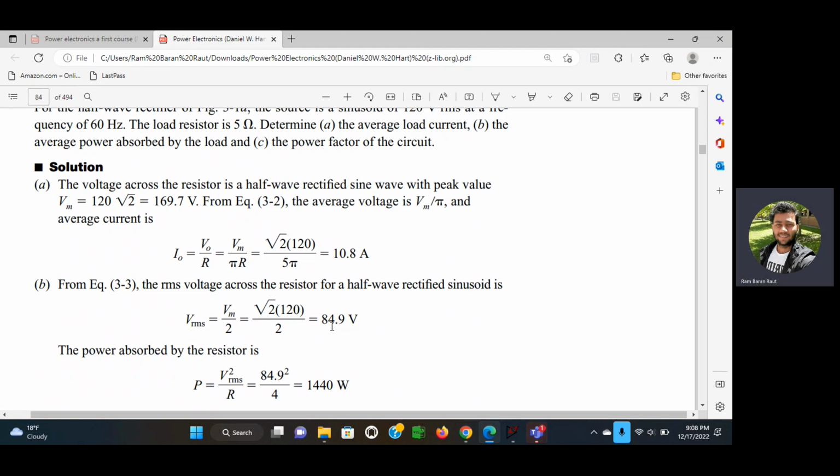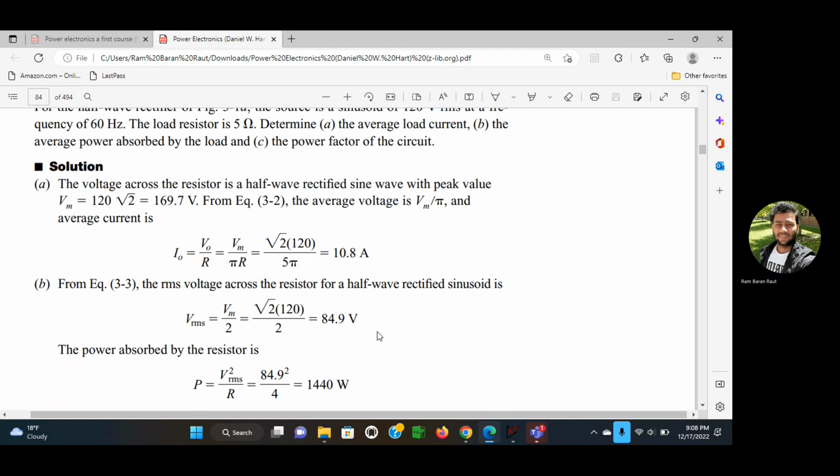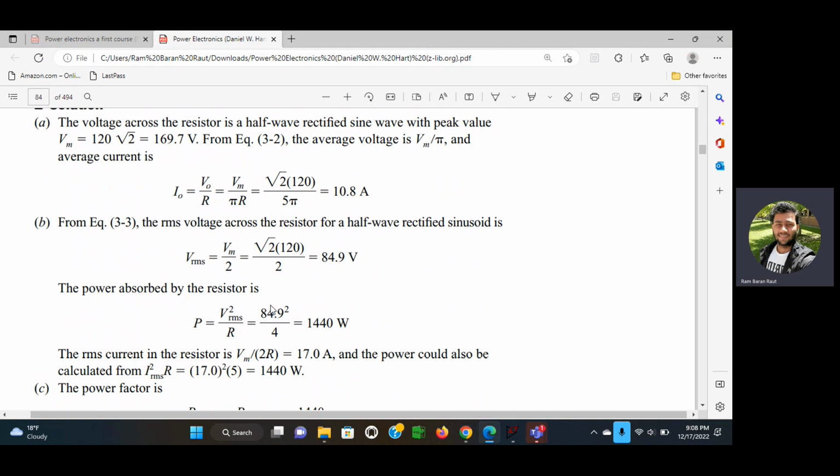So we're getting 84.9 volt theoretically. And the power absorbed by the resistor is just the square of the RMS voltage across the resistor divided by R, which is like 1.44 kilowatt.